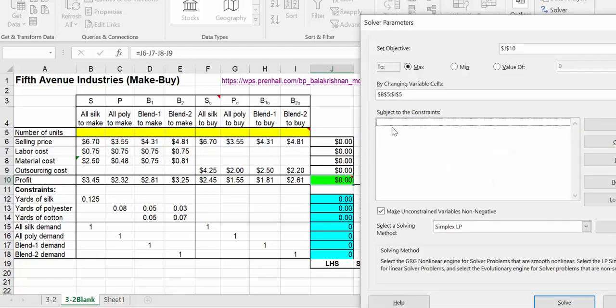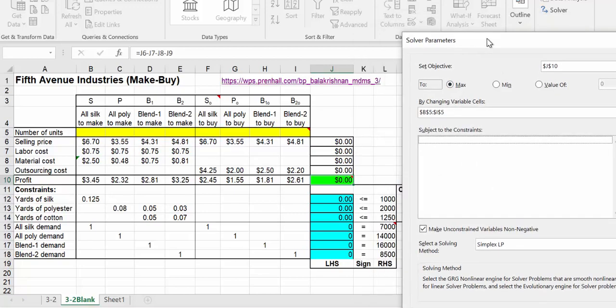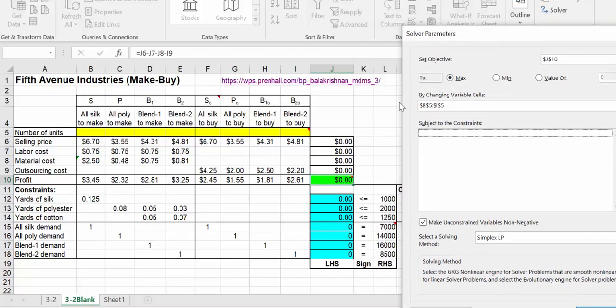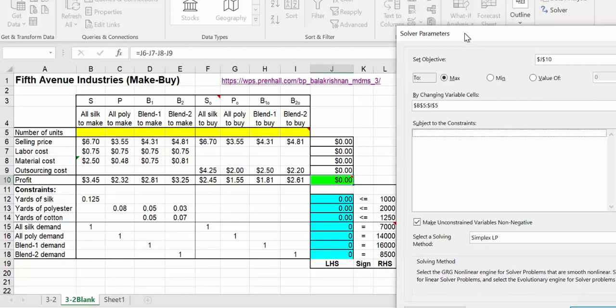Okay, and now go on to the constraints. So if you notice the constraints over here, we've got two groupings, and notice they have a line separating them out. So we've got all the less than or equal to's over here, and then we've got all the equals over here. So we can put that into two blocks. Okay, so we can grab that.